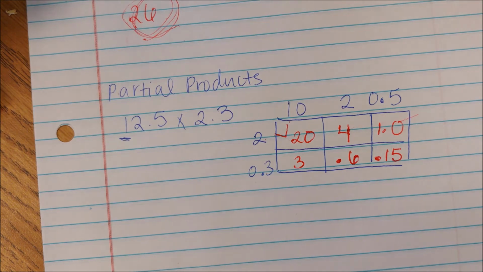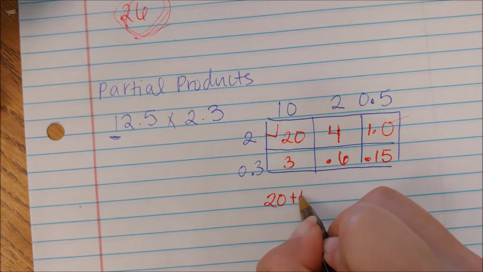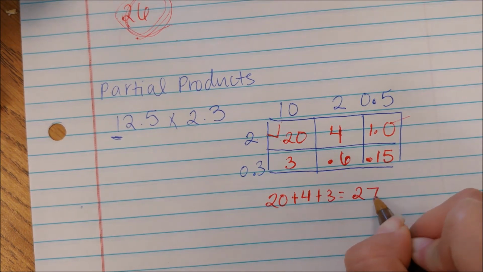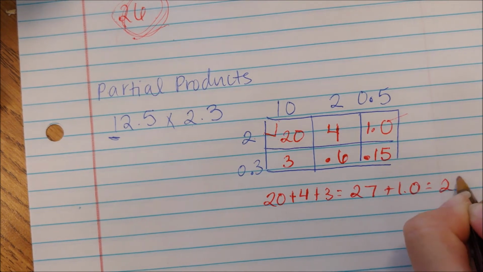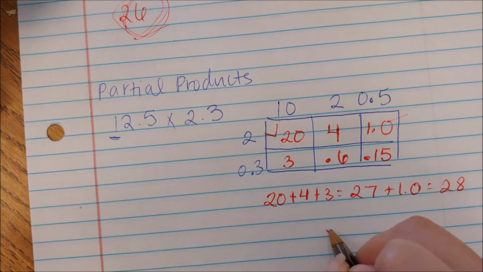What do I do with these random numbers? I add them together. So I add 20 plus 4 plus 3, which gives me 27, plus the 1.0, which is 1 whole. Then I add 0.6 plus 0.15.